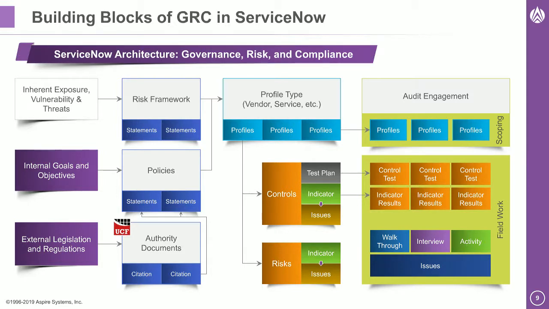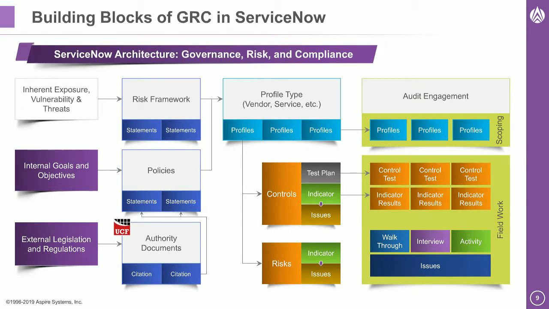Now, when this risk framework is associated with the profile type, all these risk statements like unauthorized access, compromise of information, they become risks for each of these profiles. So it will become a risk for the payroll system.